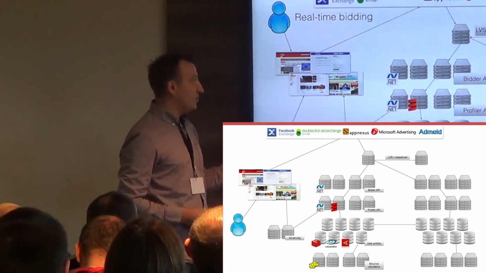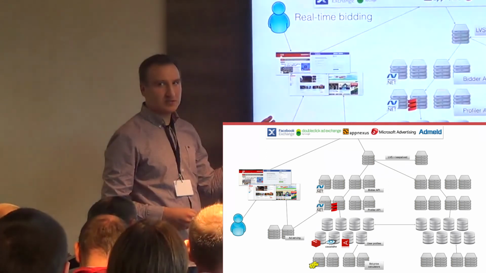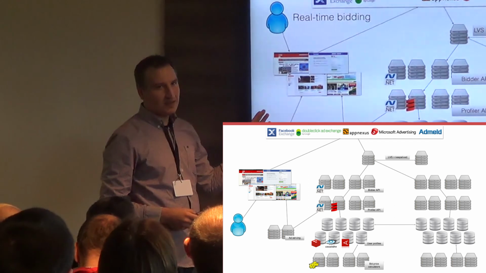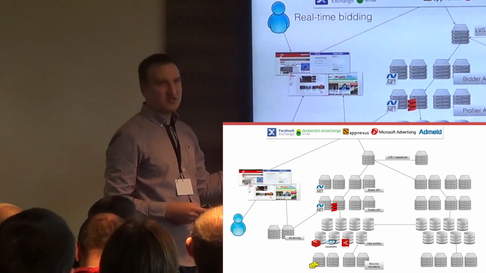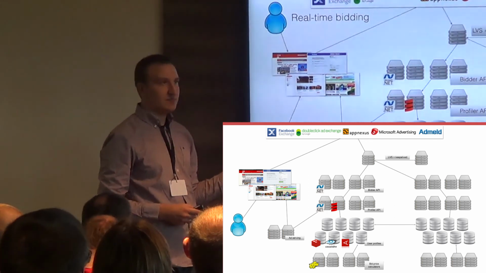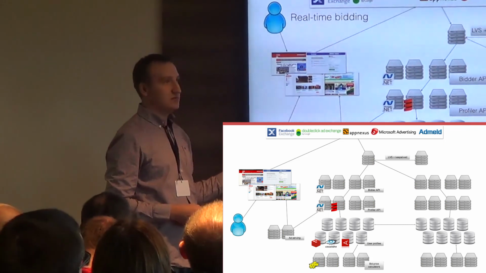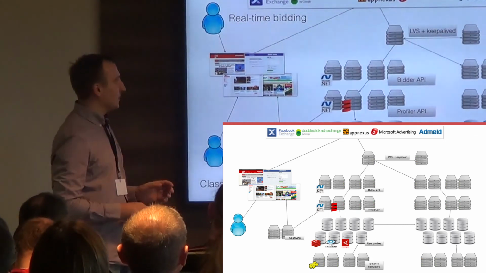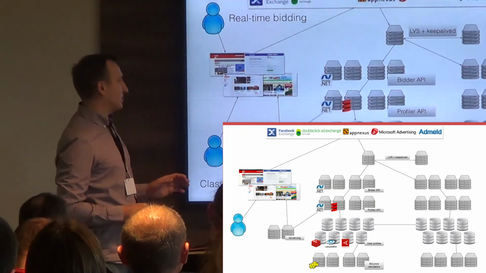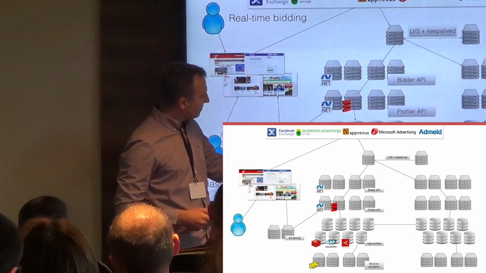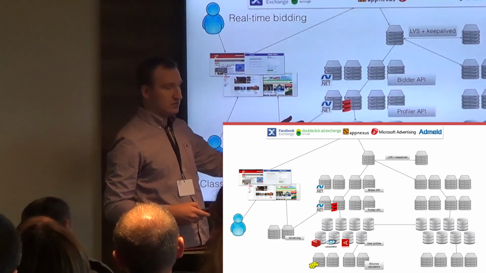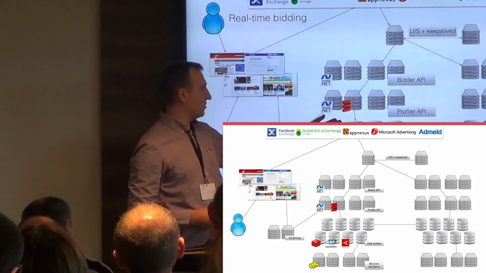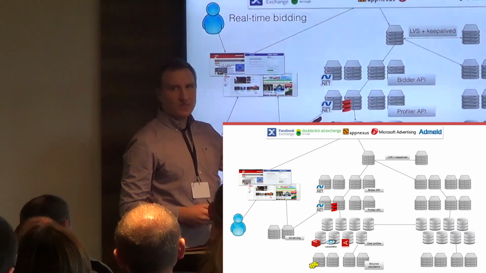For the bidder API, we're using .NET. Don't ask why. It's for historical and legacy reasons. But yeah, we use it, and it works for us. For user profiling, we also have some APIs written in .NET, and some of them are written in Scala.